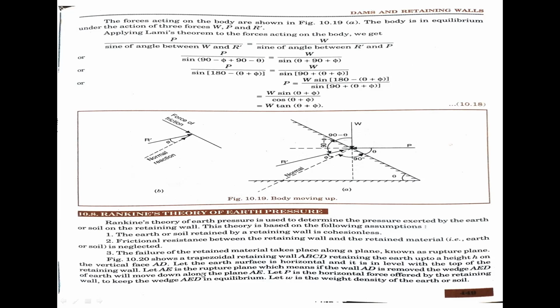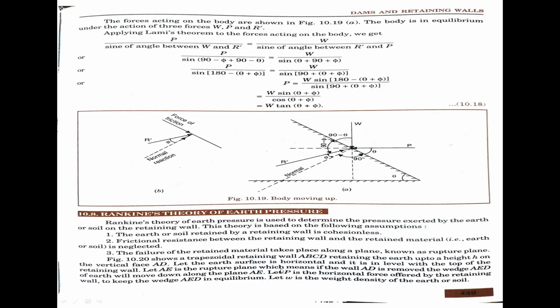Let AE be the rupture plane, which means if the wall AD is removed, the wedge AED of the earth will move down along the plane AE. Let P be the horizontal force offered by the retaining wall to keep the wedge AED in equilibrium. Let w be the weight density of the earth or soil.